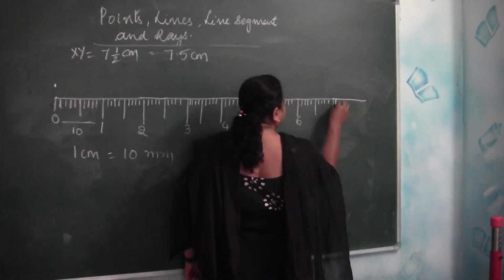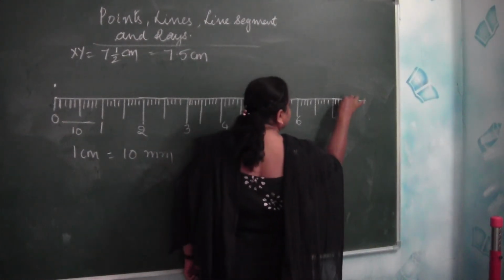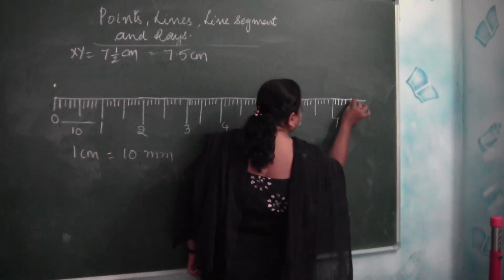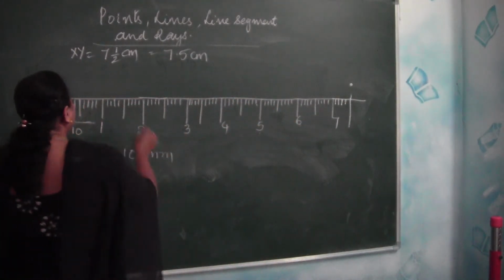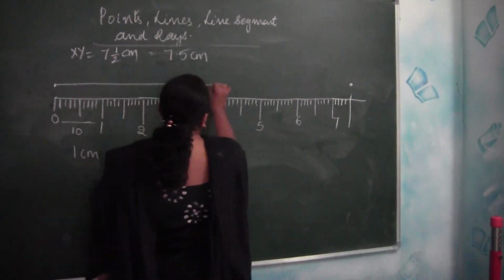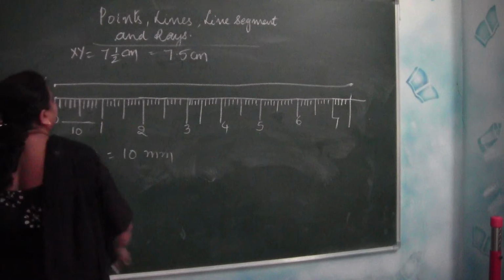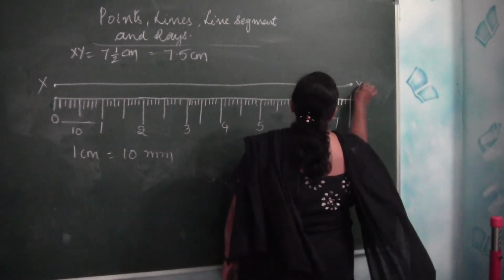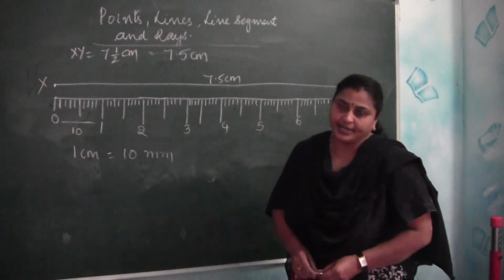After that 7.1, 7.2, 7.3, 7.4, 7.5. This will be my ending point. Now let us join these 2 starting and ending points. That is your line segment XY whose measurement is 7.5 centimeters.